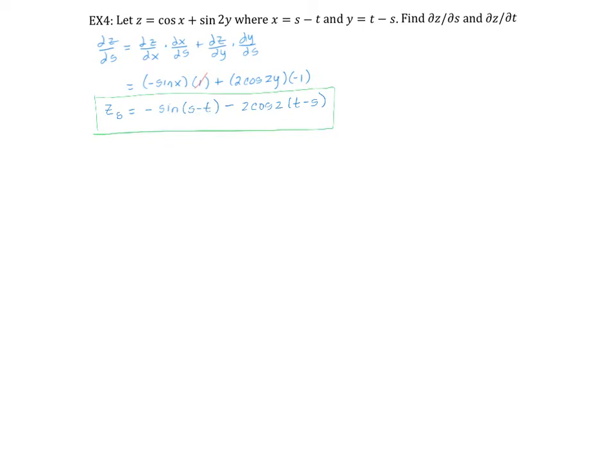So let's find the partial derivative of z with respect to t, which would be the partial of z with respect to x times the partial of x with respect to t plus partial of z with respect to y times the partial derivative of y with respect to t.